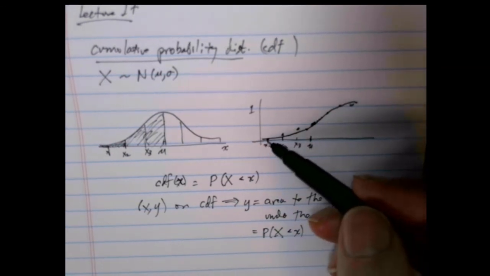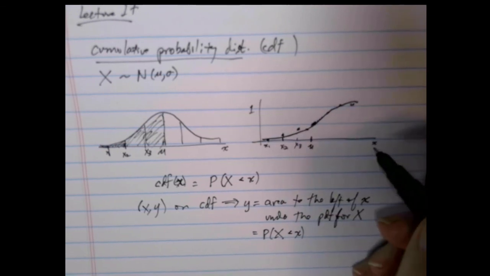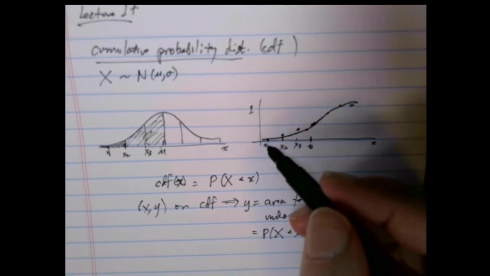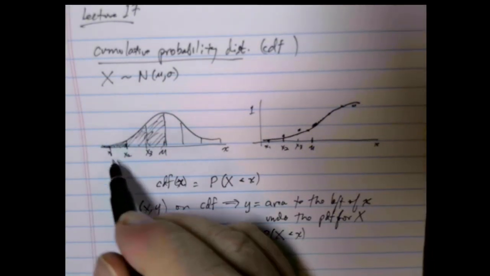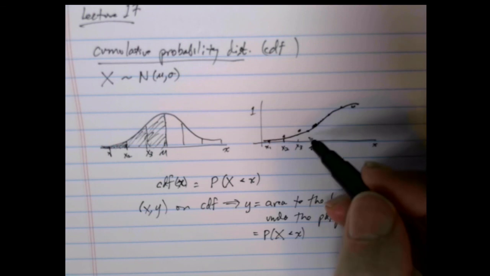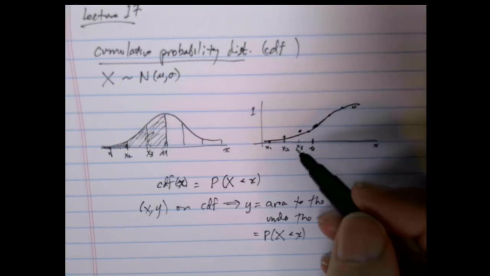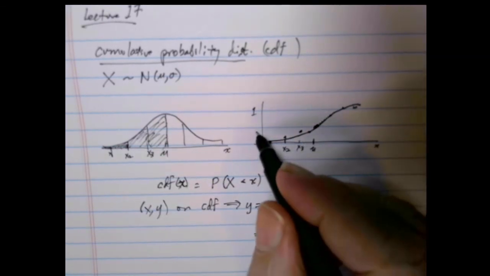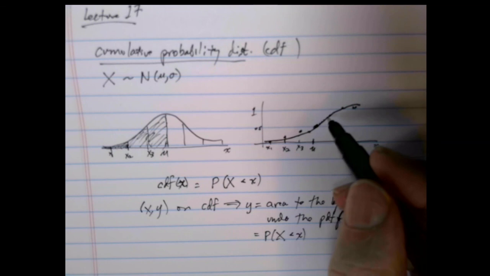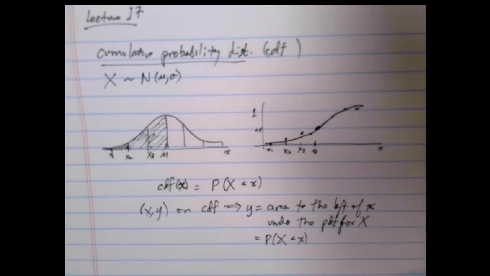So when x is over to the left under the CDF, the y values are small because you haven't got much area to the left, right? They grow and grow. By the time you reach the mean mu, the area to the left of mu is 1/2, so the y value here would be 1/2. And as you go out to the right, the y values get closer and closer to 1.